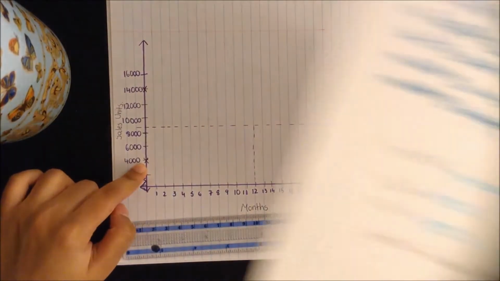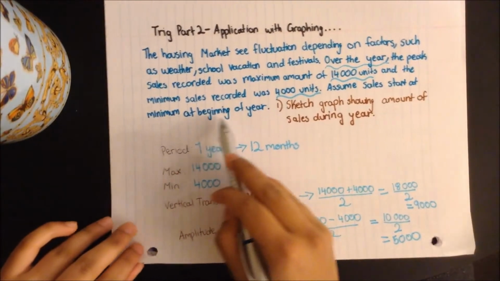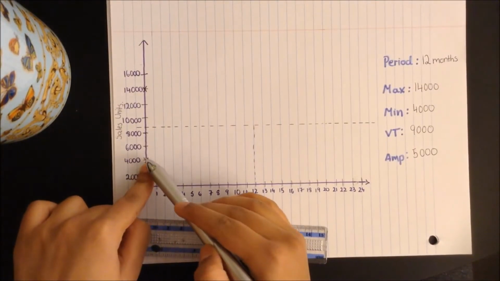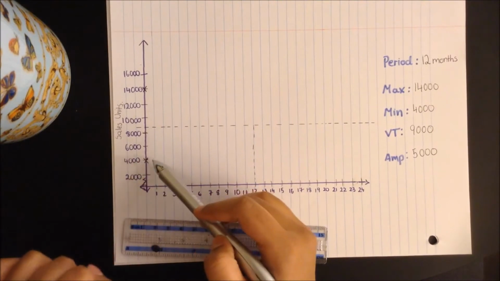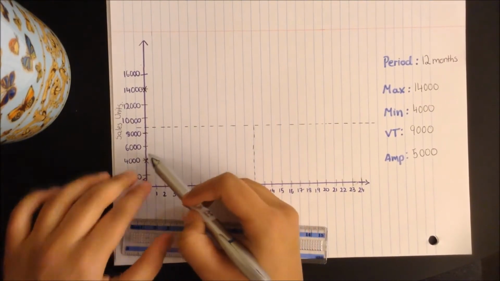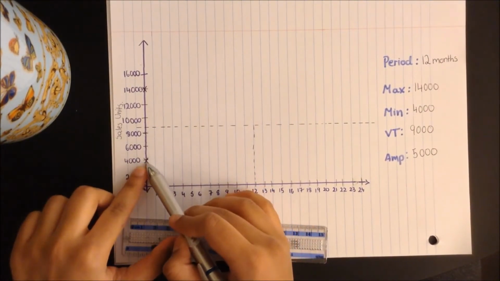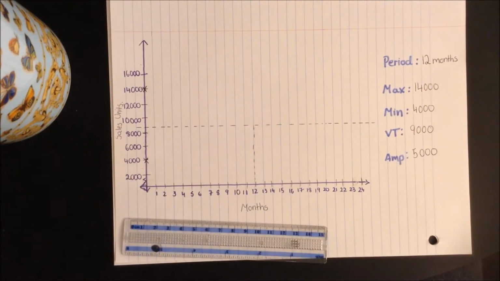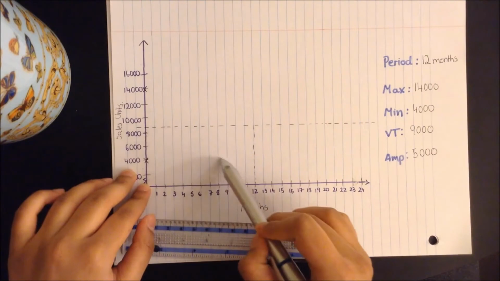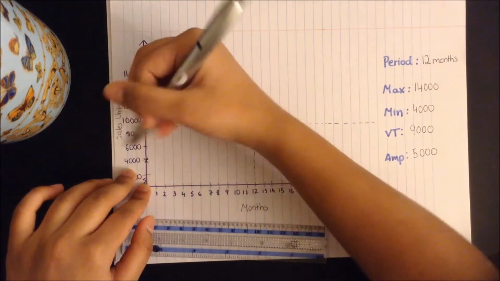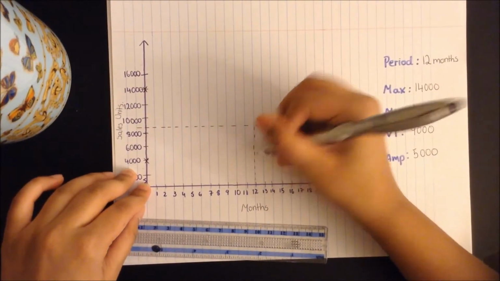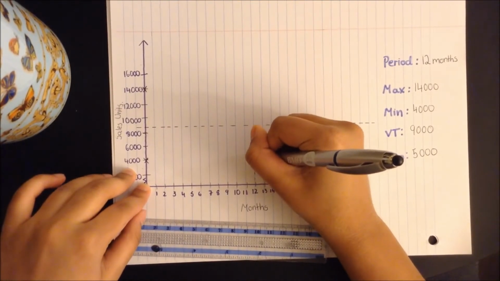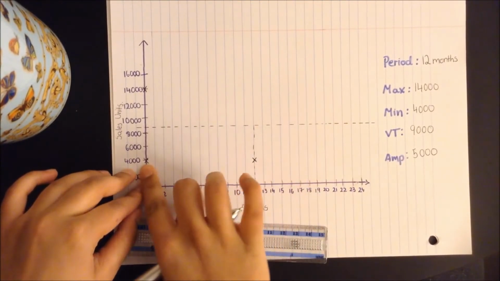By looking at our question, we know that it says assume sales starts at a minimum at the beginning of the year, which means that our graph starts at 4,000 at the beginning of the year and ends at 4,000 at the end of the year. Because it clearly states that it starts at our minimum, we know that this function is going to be a cosine function, which means that our maximum point comes in between the 0 to 12 months.